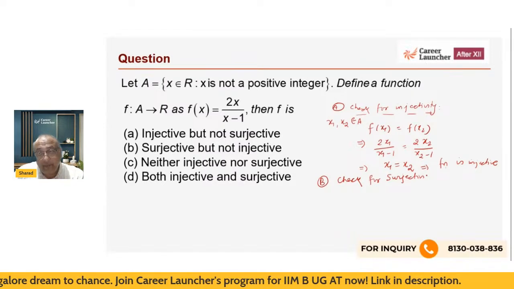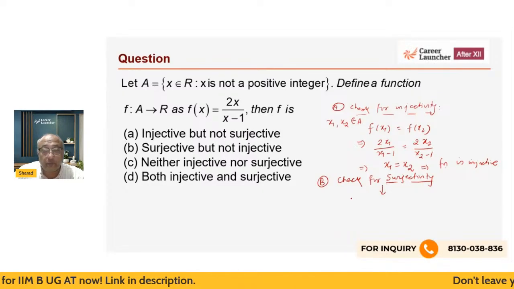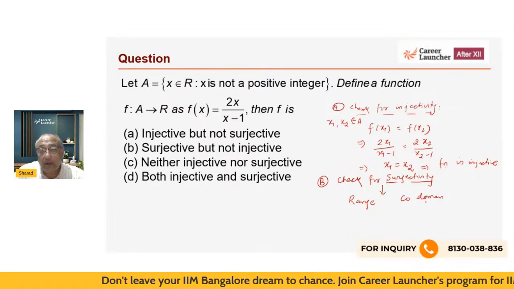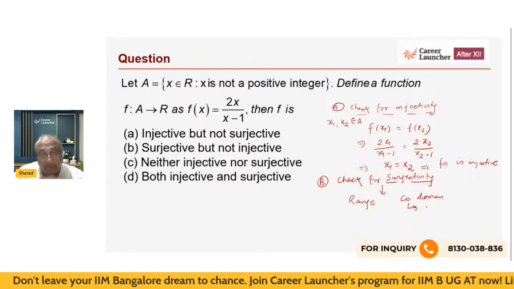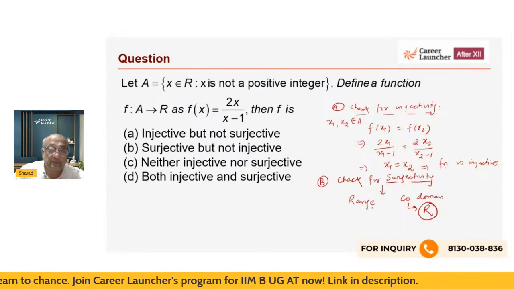Surjectivity, to comment upon this, we need to know two things: first of all the range, and secondly the codomain. We are 100% sure that the codomain, which will be given most of the time in our questions, here is the real numbers.